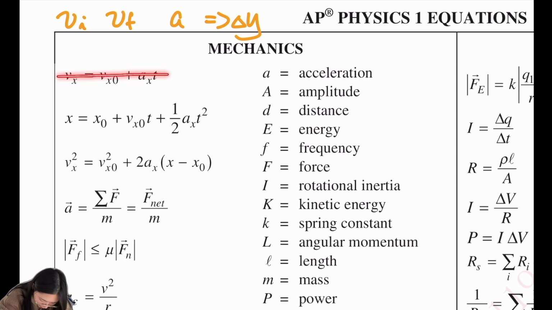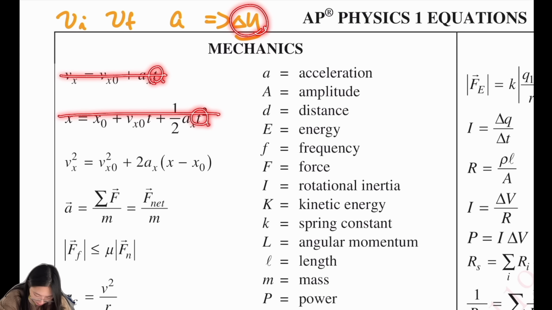Then I'm going to cross out equation 1 because time is not the subject of interest. I am interested in the delta y. And then again, I'm going to cross out equation 2 because again, time is not the subject of interest.